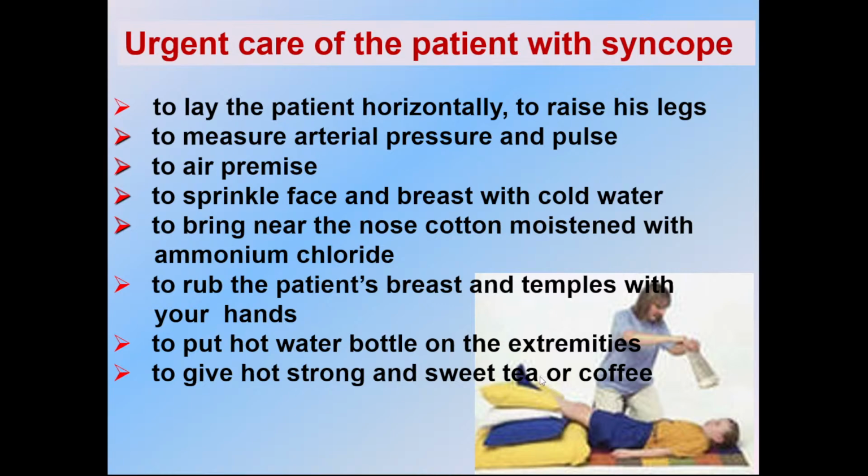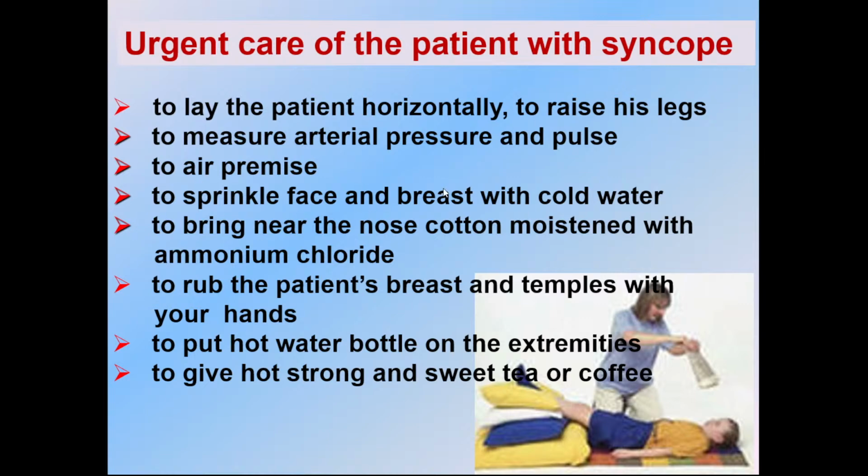Raise the lower extremities, put a pillow under the legs, so that blood flows easily to the brain, because we remember the cause of syncope is disordered brain circulation. We control blood pressure and pulse, and intensify airflow in the room, opening the windows and door.